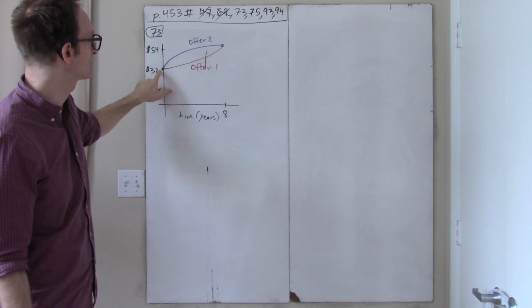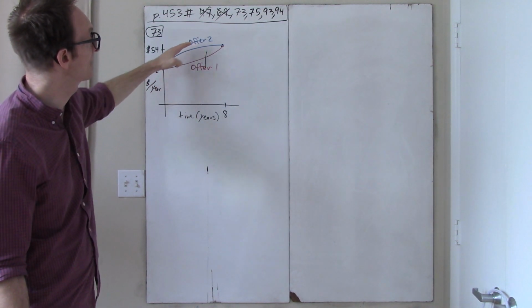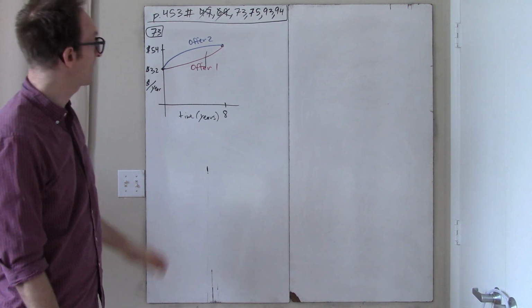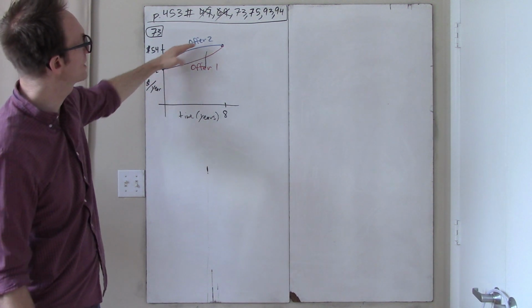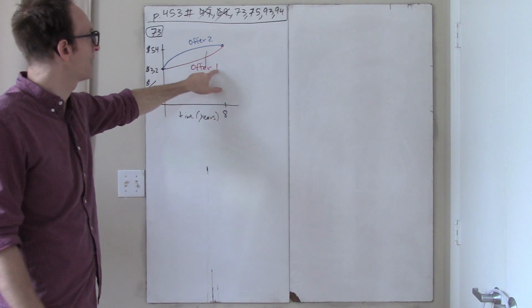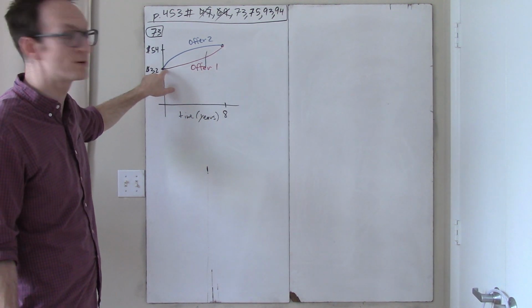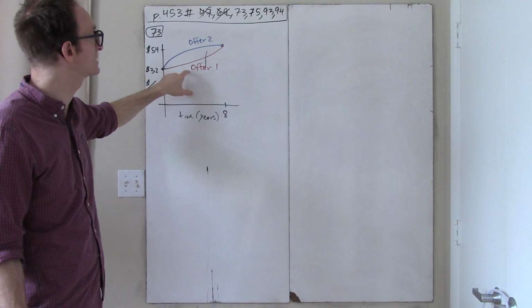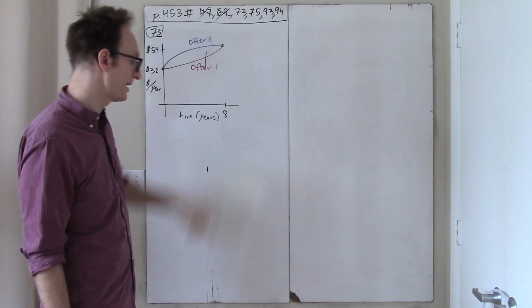But when you look more closely at the curves, you see that in offer 2, though you start at $32,000 a year, you quickly start making more. And then the rate at which your salary increases starts slowing down a little bit. Whereas in offer 1, you make $32,000 in the first year, but then you receive very slow salary increases, then it gets bigger later.